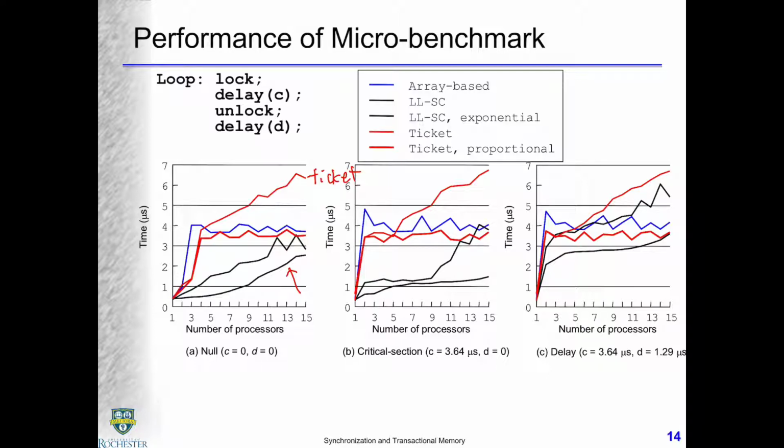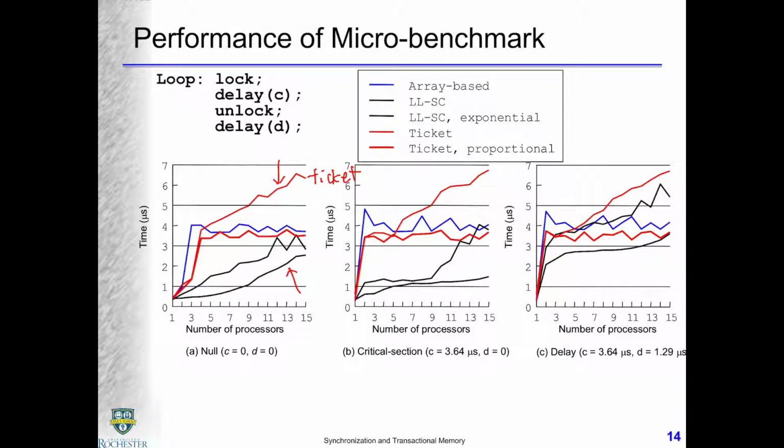So the array based, remember, well, maybe we'll start with the ticket based. So in fact, it's a pretty poor solution when you look at it. This is a contrived example, of course, but why? Why is it going up so badly? Well, on the release side, this is not very different from test and set.